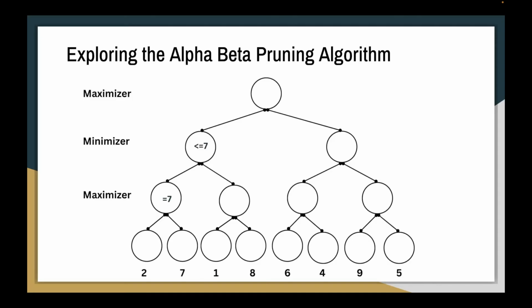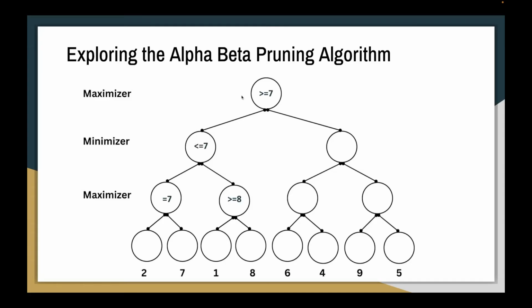In this, the next branch, when it sees 1, the maximizer selects 1, the minimizer will choose this path. So it will try to see another leaf value which is 8, which is greater than 7. So the minimizer will not choose this path. The minimizer will keep the value 7 as its best move.